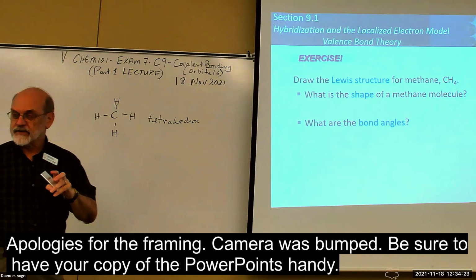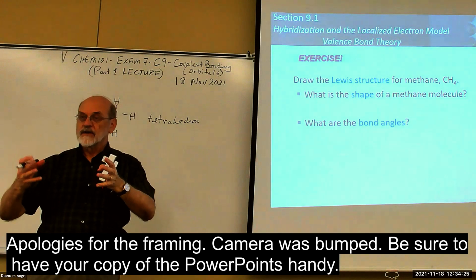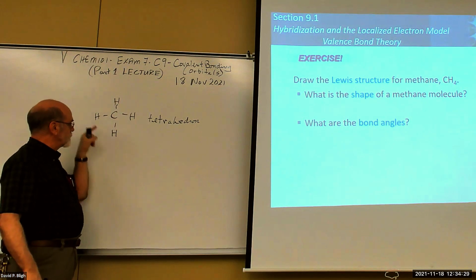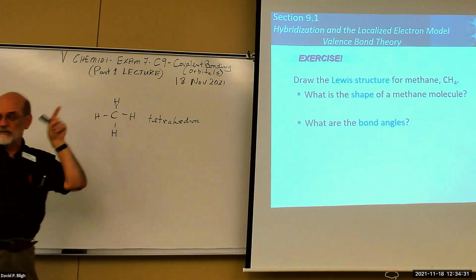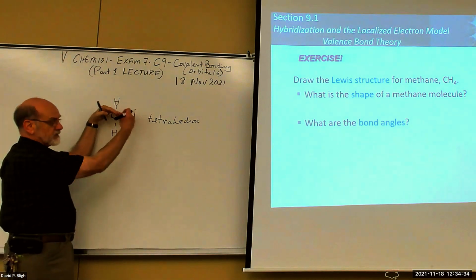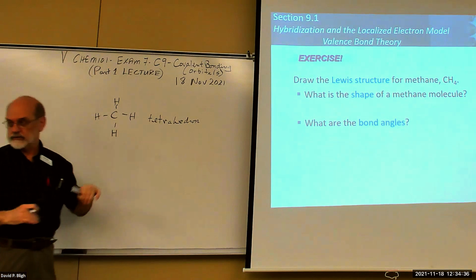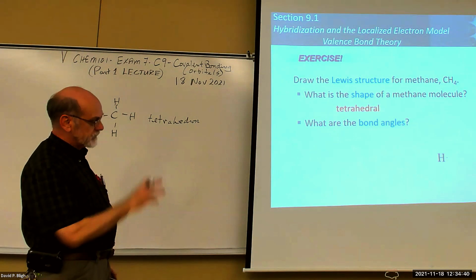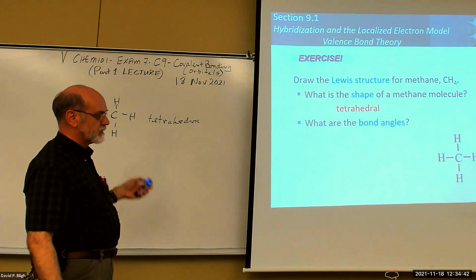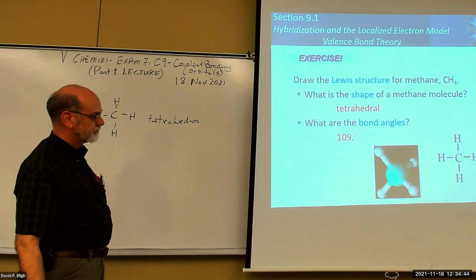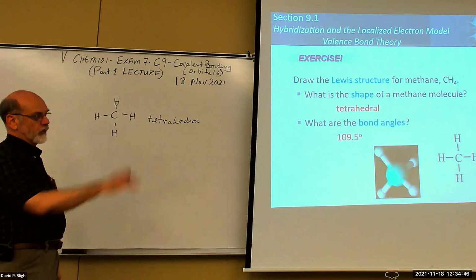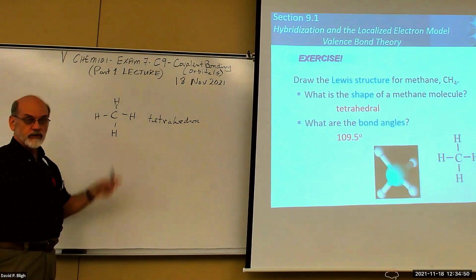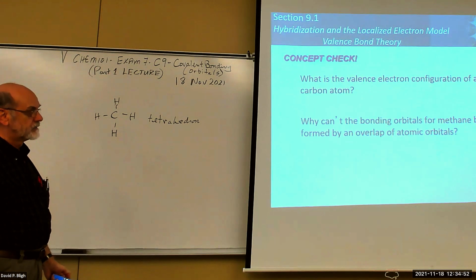The valence bond theory says those valence electrons belong to carbon and hydrogen, hydrogen, hydrogen, hydrogen, and the bonding comes from the overlap of those atomic orbitals. Okay? So here's the problem. This tetrahedron, and the bond angles, of course, are 109.5. That's all confirmed. But we cannot explain it with atomic orbitals. And here's why.